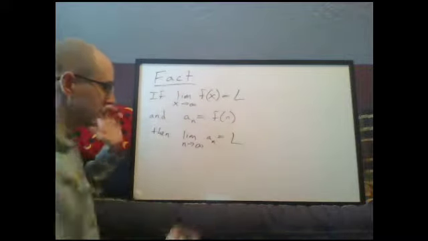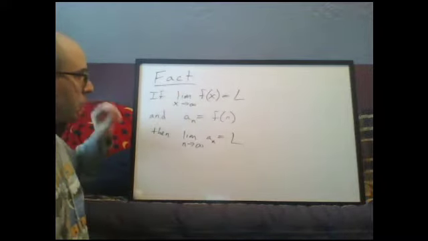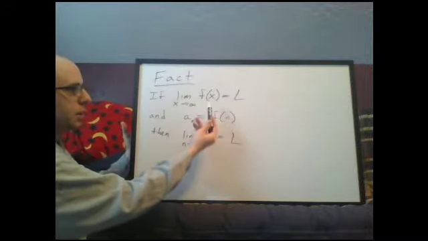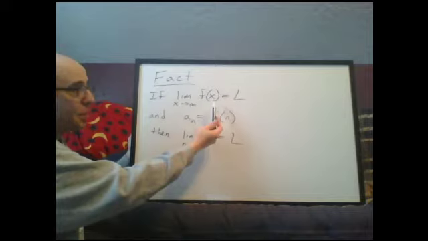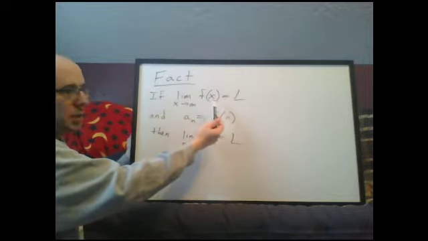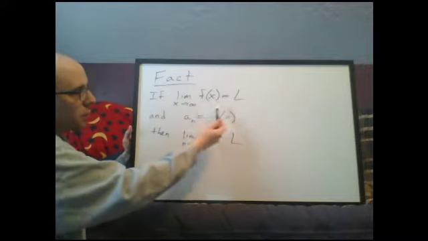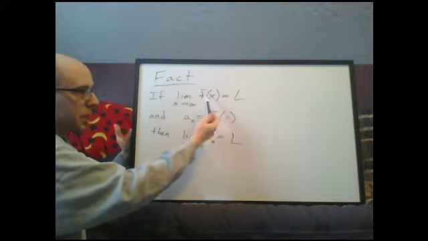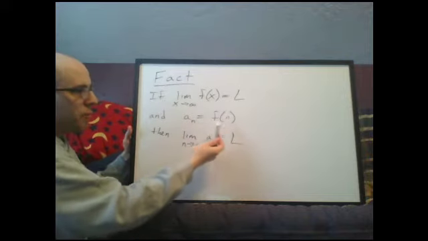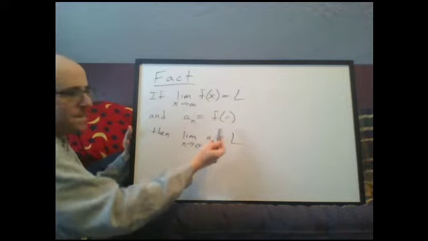So this is kind of abstract what I'm saying here, but the idea is this. A function has some domain. In general, you can plug in any real number within the domain into the function. So this function is defined for basically any real number x. The sequence is only defined for whole number inputs.